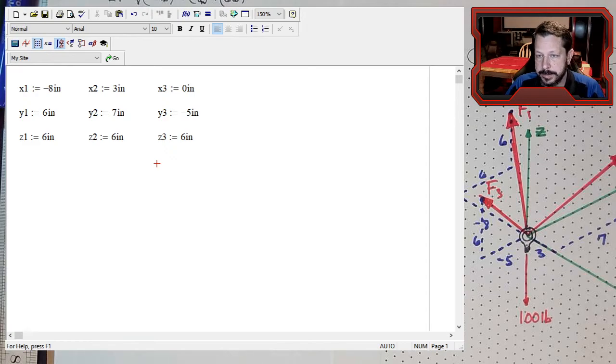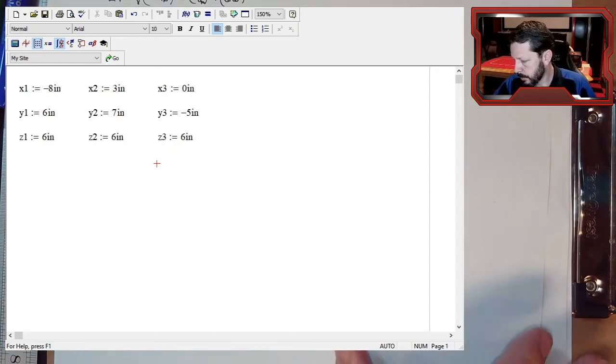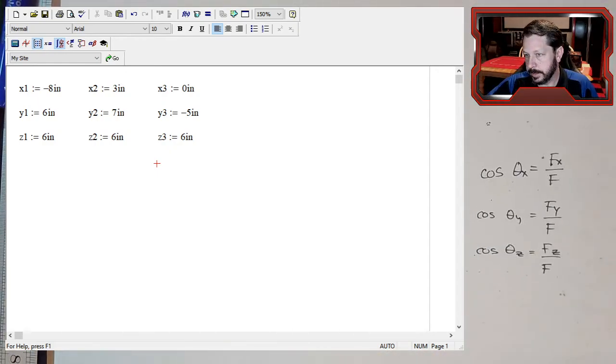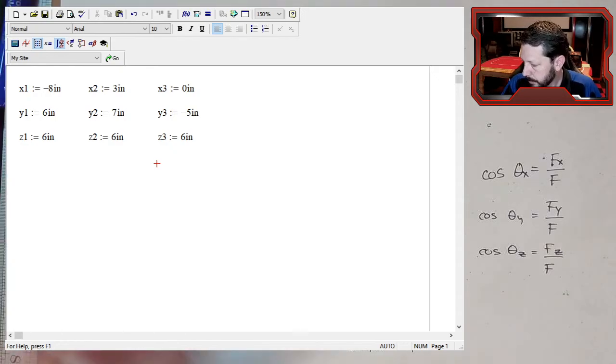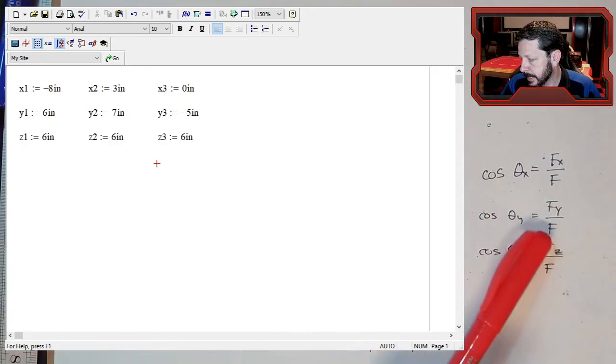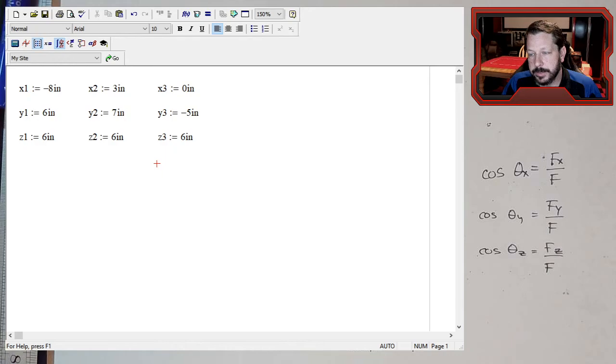One of the things that we need to do is remember all of these cosines have, I wrote as F, but it's the hypotenuse for all the forces. So I'm going to calculate the hypotenuse, but I'm not going to calculate it as a force. I'm going to use actual distances.